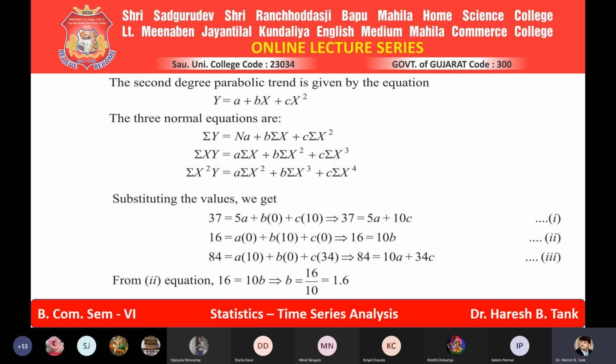We are running short with time. I am expecting an answer from all of you. How many of you are getting the value of b as 1.6?